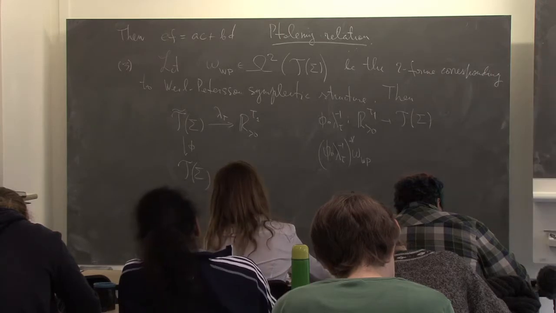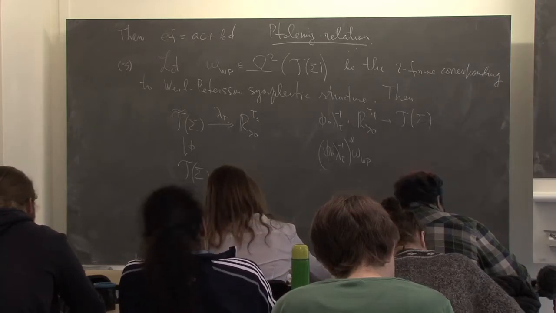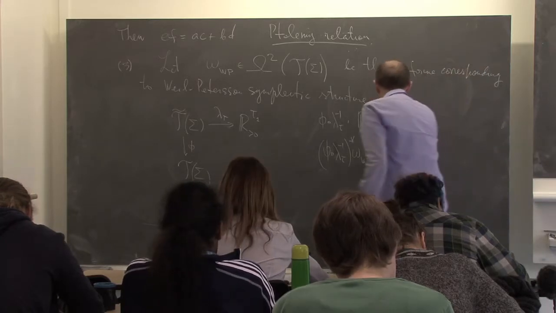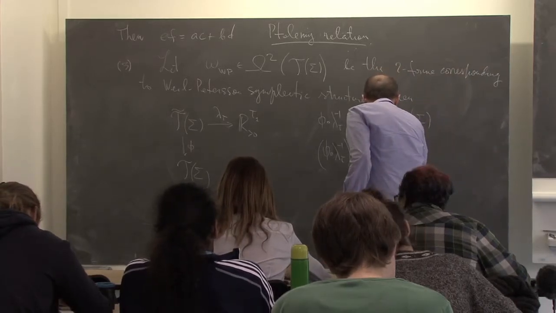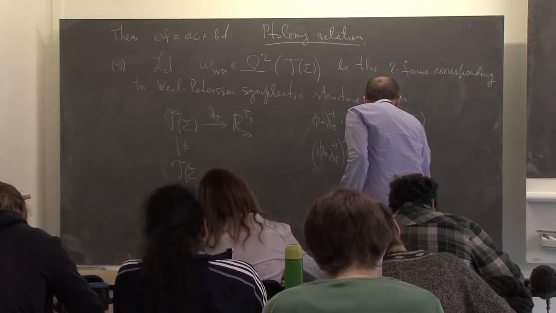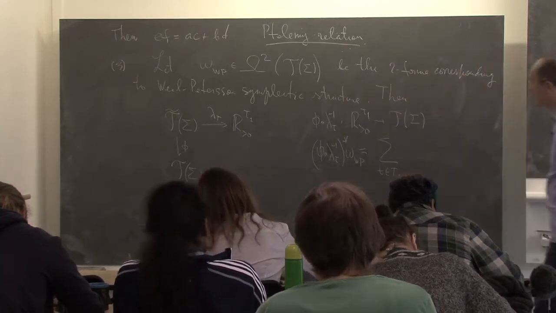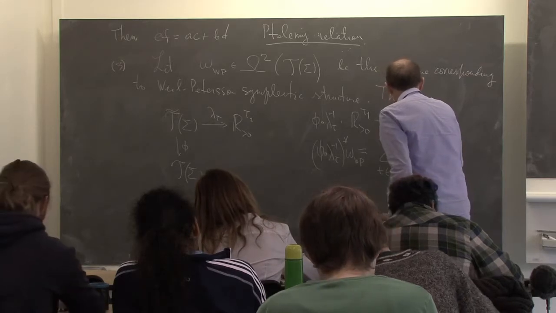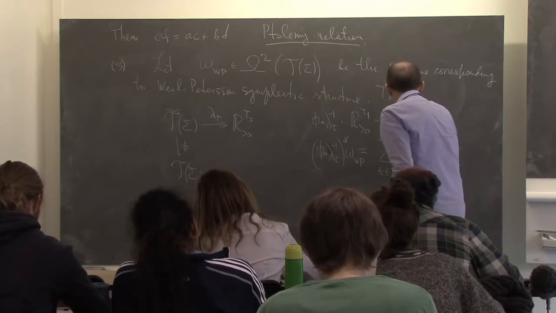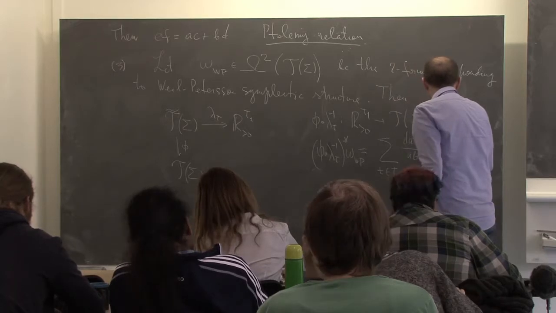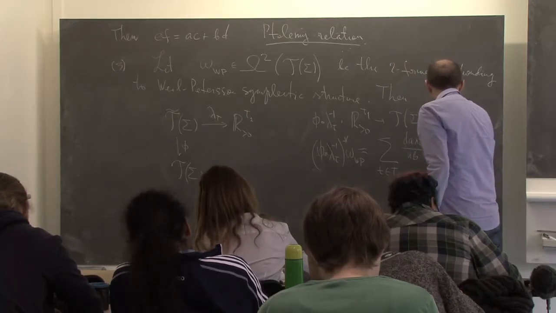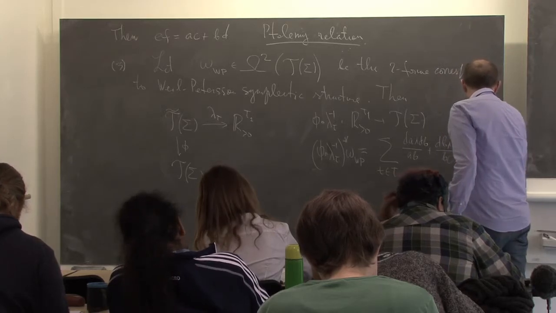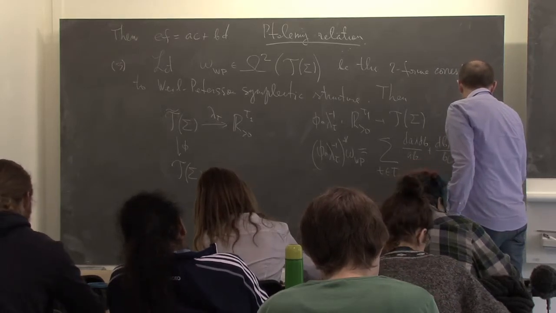This part of the theorem gives us an explicit formula for that pullback. This is the sum over all triangles in tau, so two-dimensional cells, of dA wedge dB over AB plus dB wedge dC over BC plus dC wedge dA over CA.